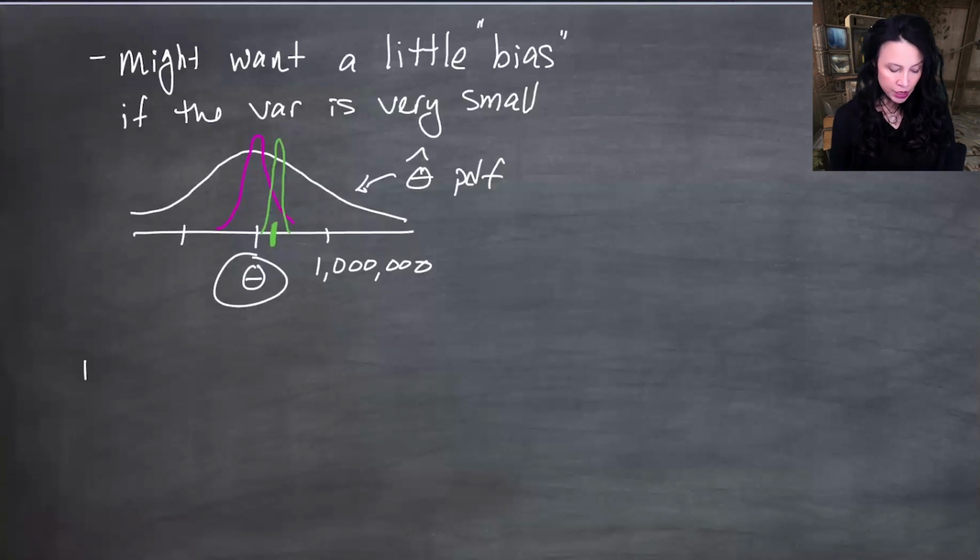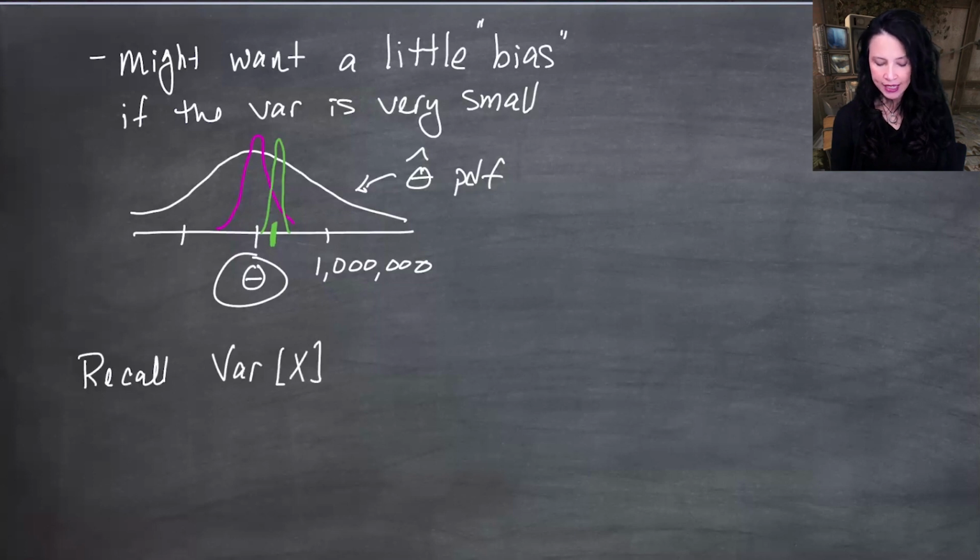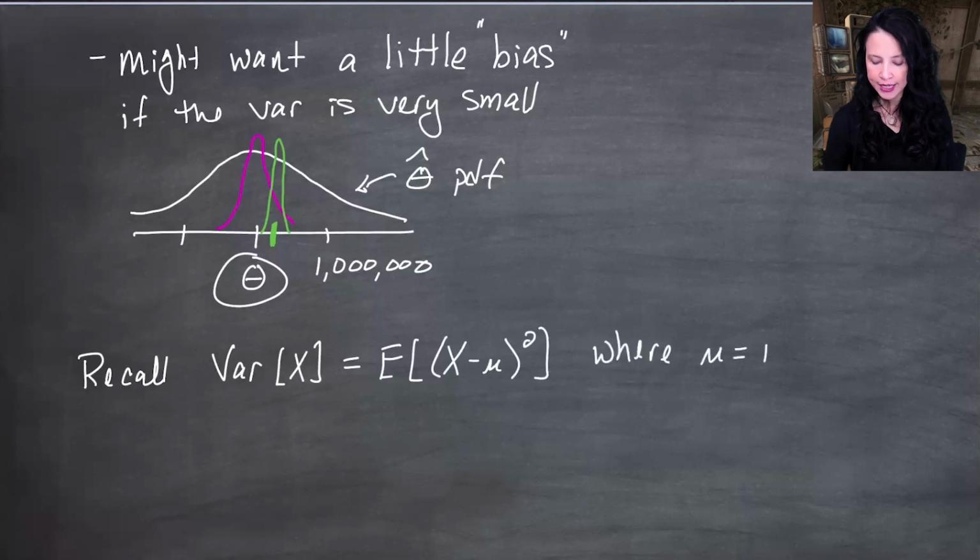So recall that for a random variable x, the variance for x is the expected value of x minus its mean squared. And this mean, mu, is the expected value for x.